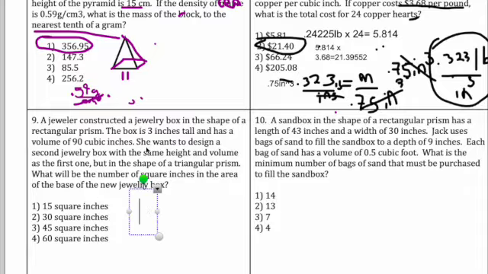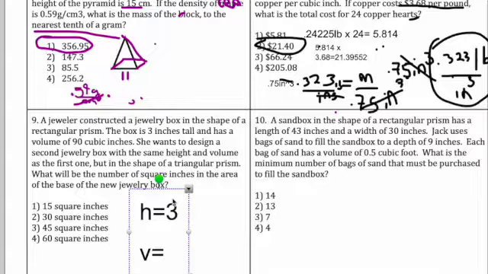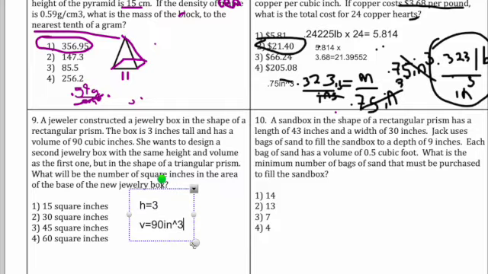So we have the first jewelry box, where the height equals 3 and the volume equals 90 cubic inches. The formula for volume of a rectangular prism is base times height.